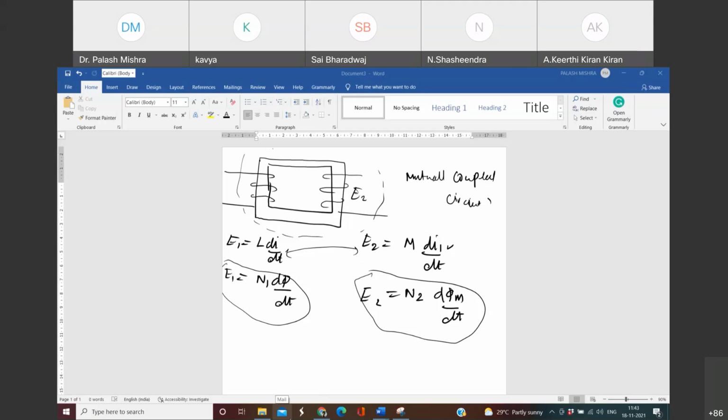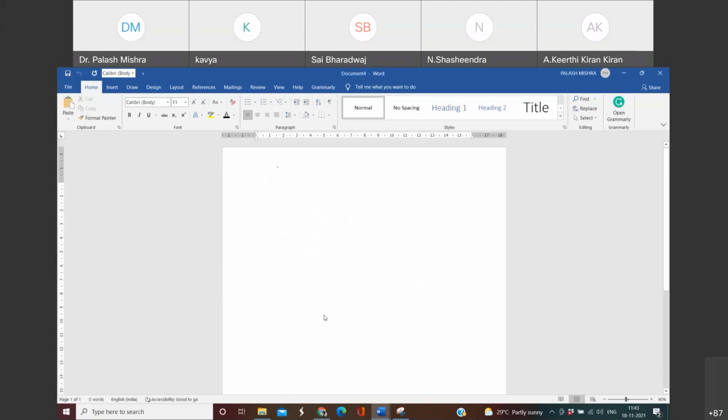Now let me tell another concept in the extension of this one only. If this is a transformer, now you have to tell me the direction of current which will flow in the secondary coil.